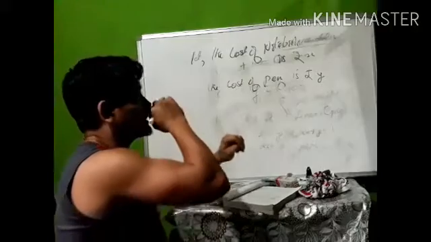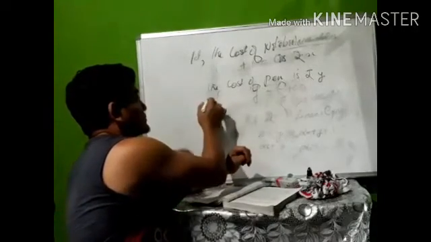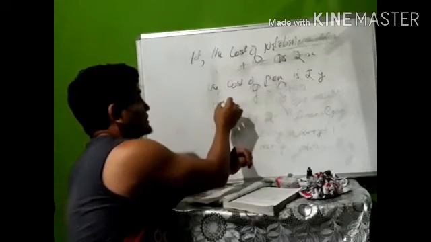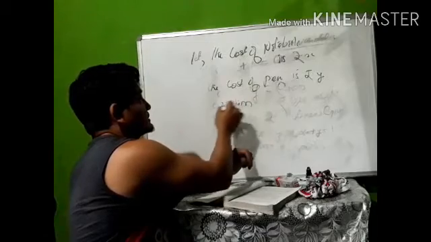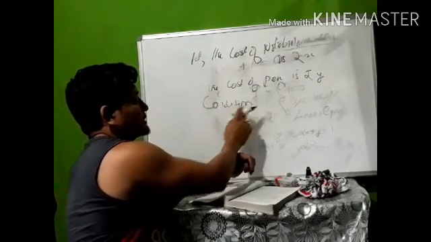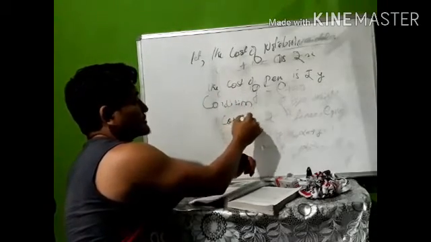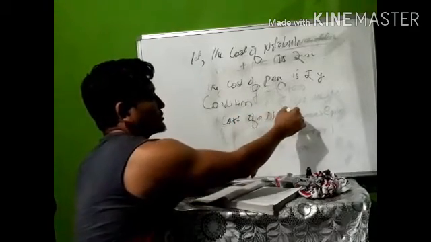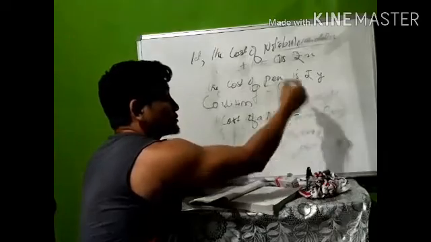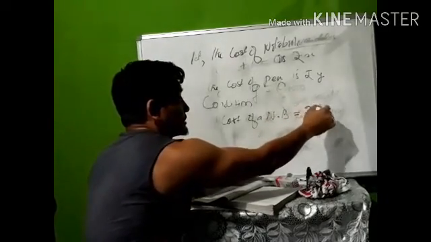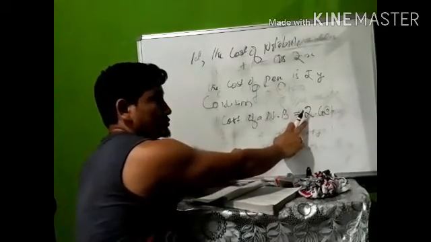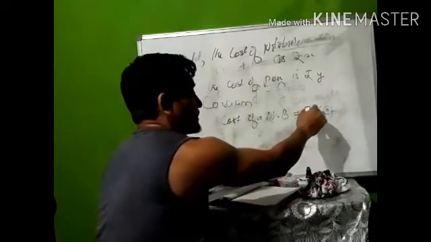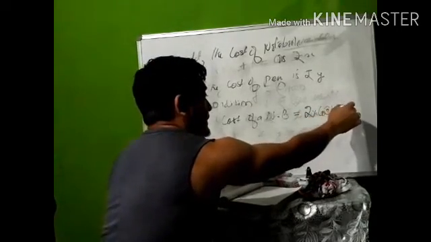So what is the condition given here? The cost of the notebook is twice the cost of a pen. Twice, so I have written 2 here: 2 into the cost of a pen.